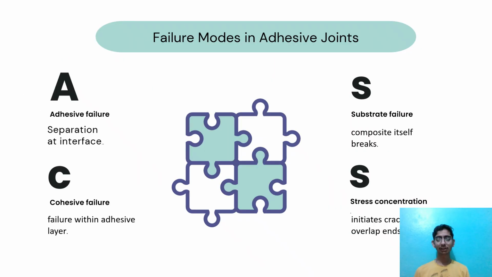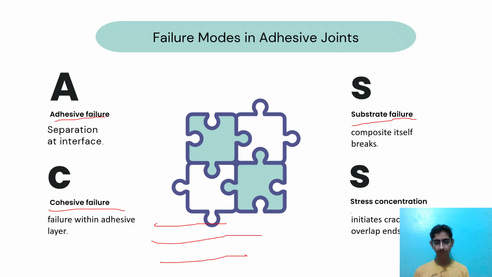Which kinds of failure do we see in adhesive joints? First is adhesive failure, next is cohesive failure, then substrate failure. In adhesive failure, there is separation at the interface, meaning the two parts are separated. Cohesive failure is failure within the adhesive layer.